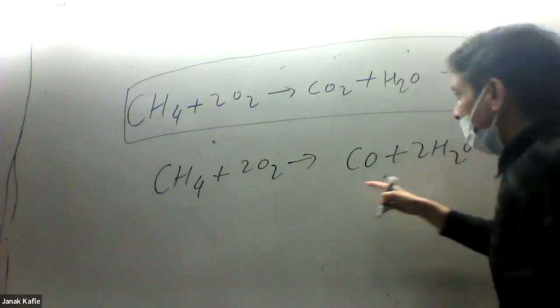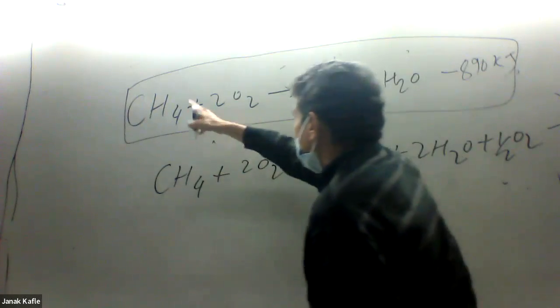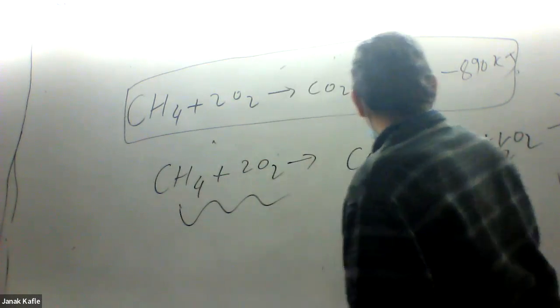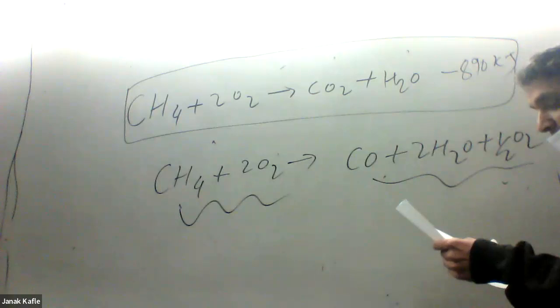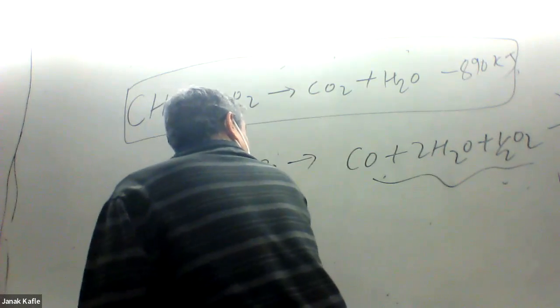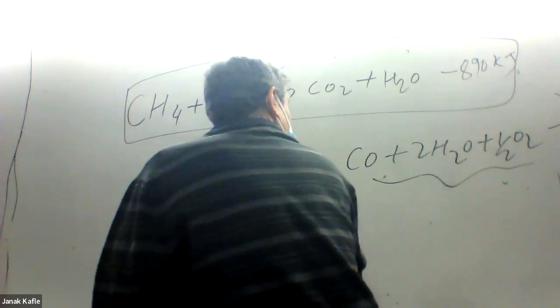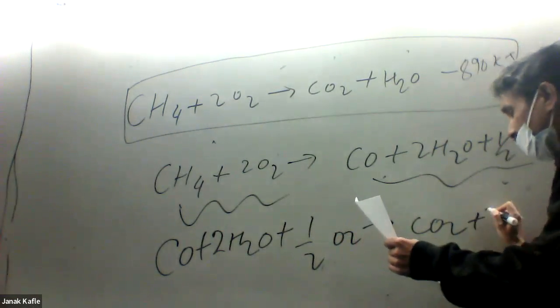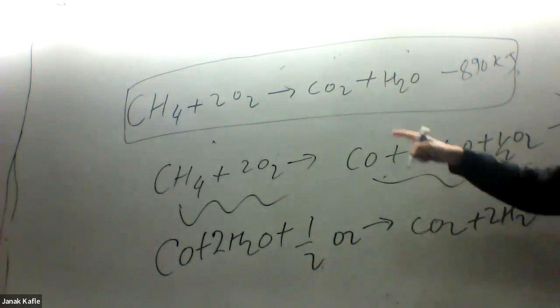Now you go from A to B. Here you are going from A directly to C. Here you are going from A to B first, and from there you go to CO plus 2H2O plus half O2, and then to CO2 plus 2H2O. Now you reach here.